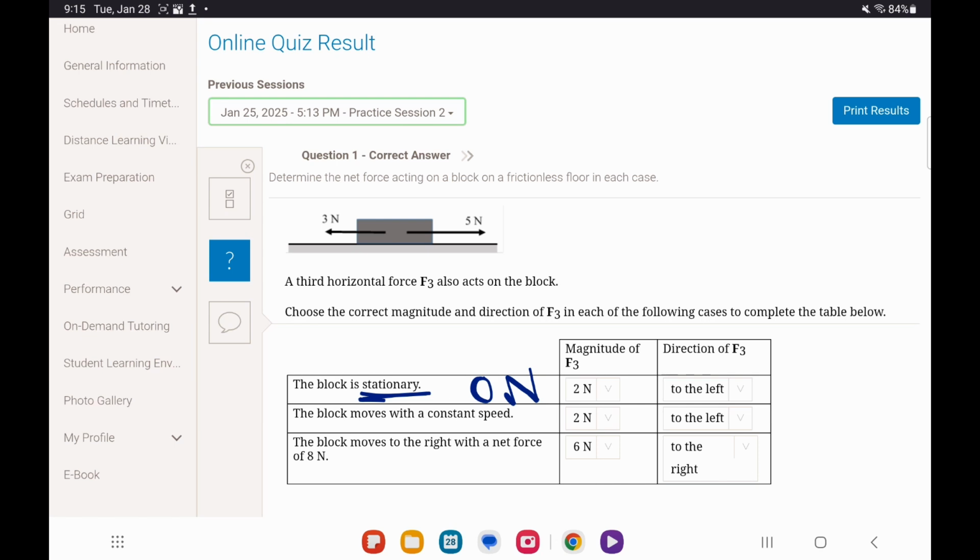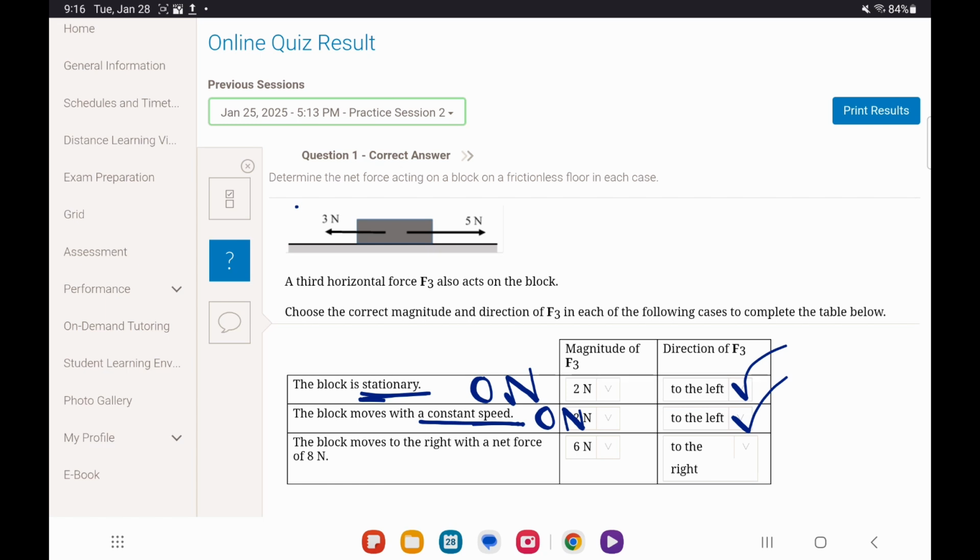So what can we add to the smaller side to make it equal to 5 newtons? You can do 5 minus 3 equals 2, or just common sense, you add 2 to the left, because this is the smaller one. That's how you make it stationary. Constant speed is also 0 newtons, so you do the exact same thing.